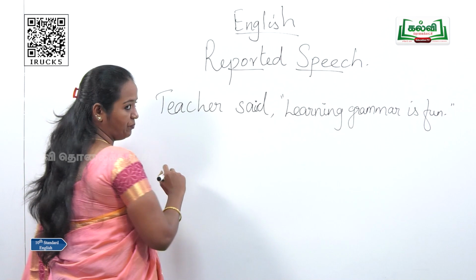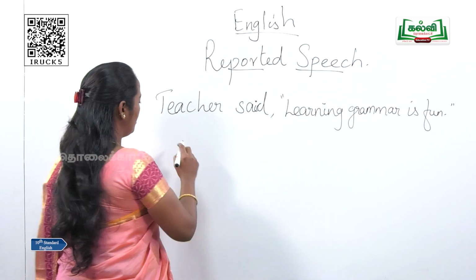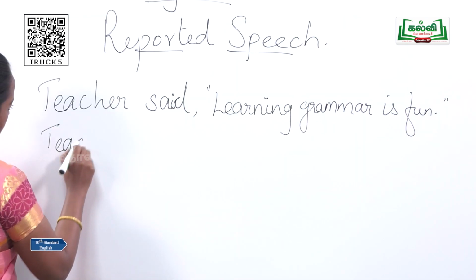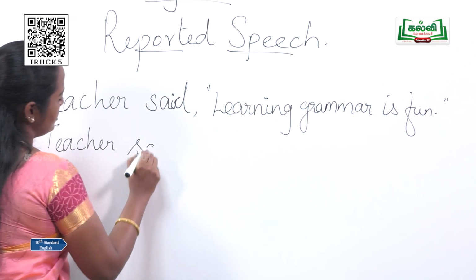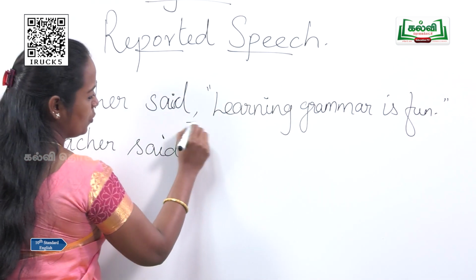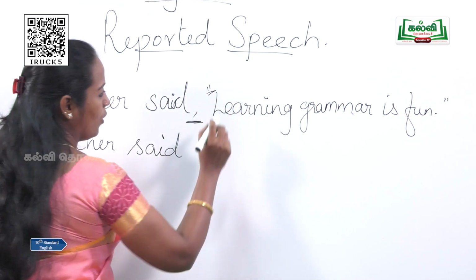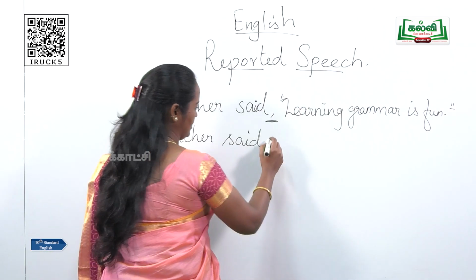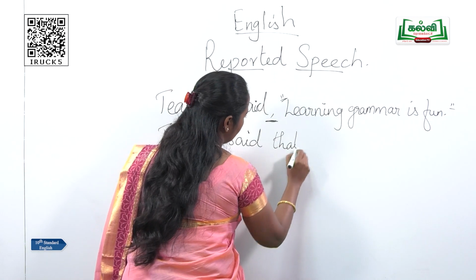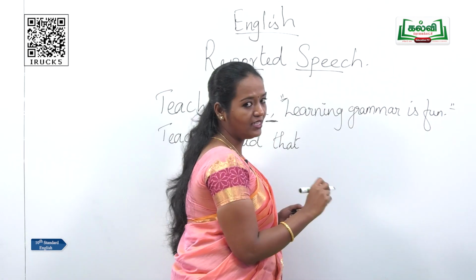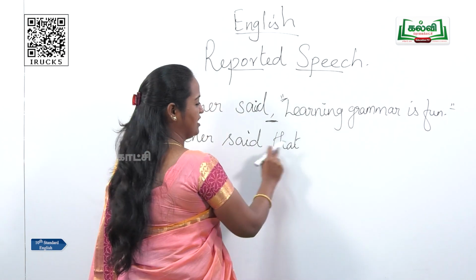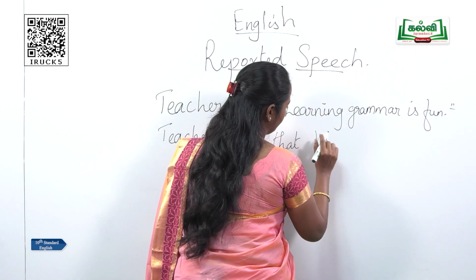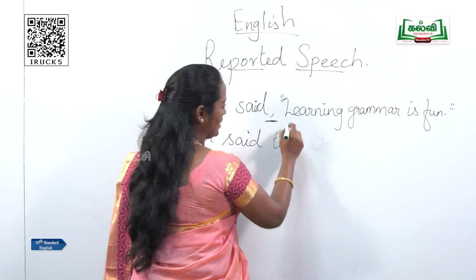And the other way, where you report it. Teacher said. So we take this comma and we are also not going to use these inverted commas. So I'm adding a linker here, which is otherwise known as conjunction. Teacher said that. Here you will have to remember one thing.